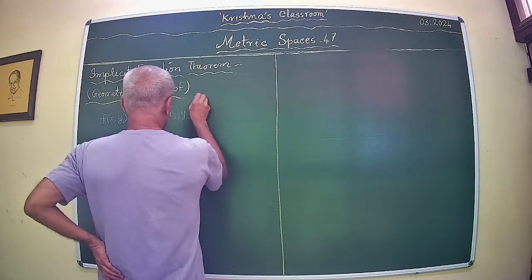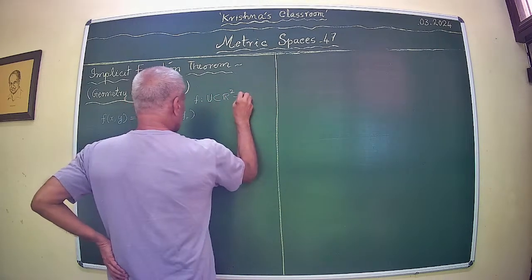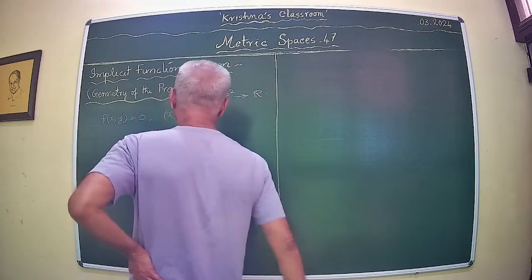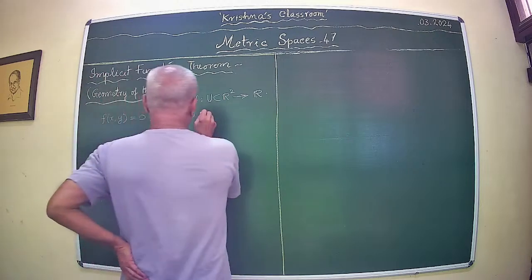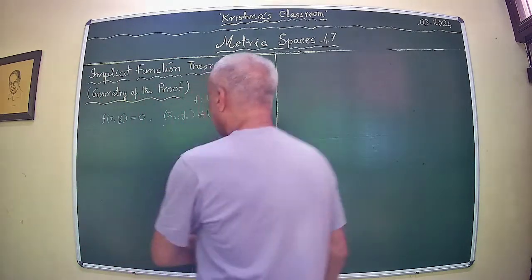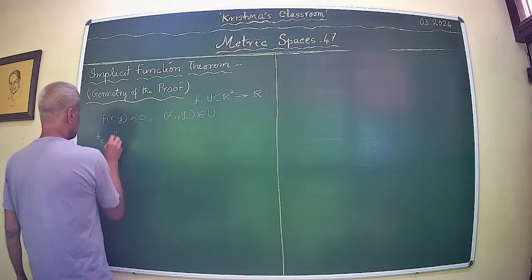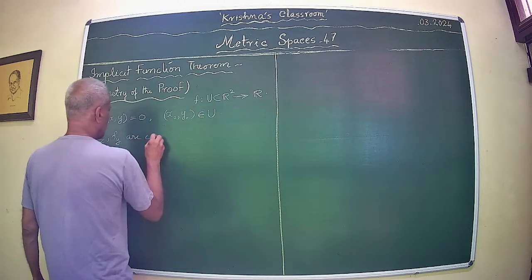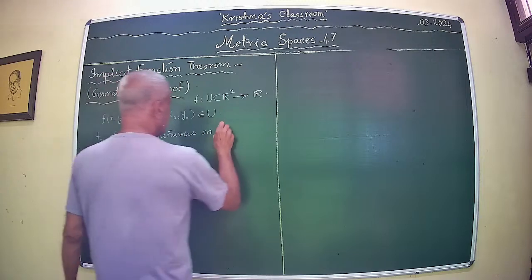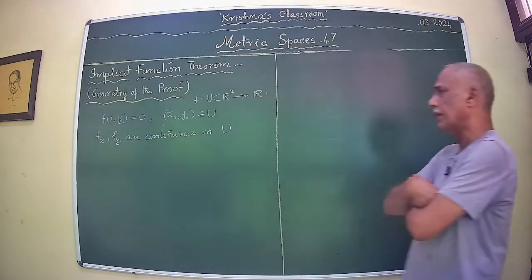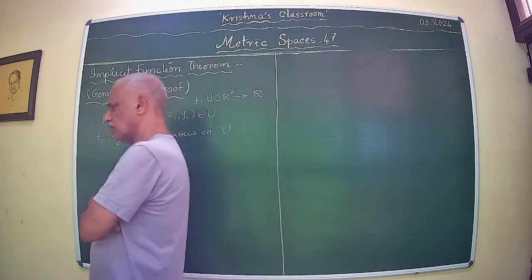Of course, f is from U contained in R2 to R. There are conditions on f, and this is a point in U, and we have assumed that f_x, f_y, the partial derivatives, are continuous. And then we have the statement of the implicit function theorem, which I don't want to recall again.